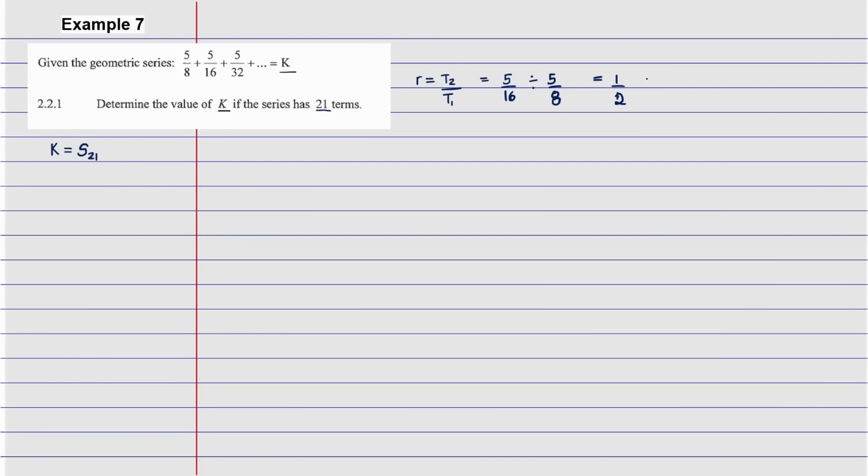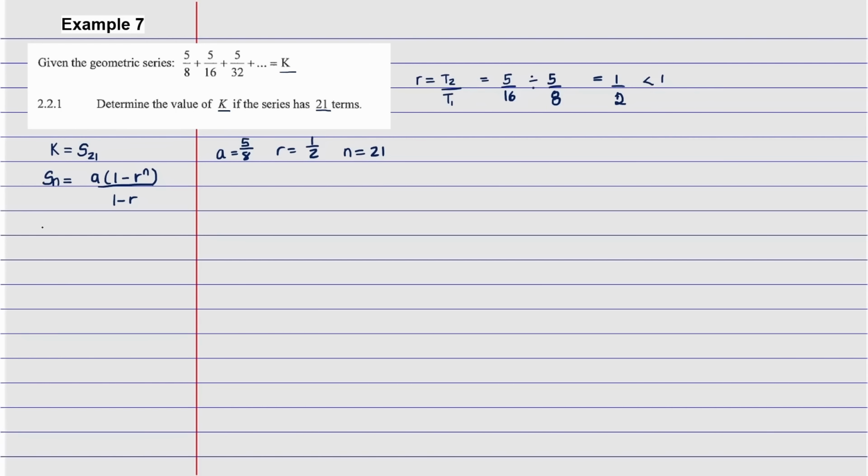If it's equal to a half, that is less than 1, meaning the formula we're going to use is a open bracket 1 minus r to the power n, divided by 1 minus r. Here a is equal to the first term, which is 5 over 8, r is equal to a half, we just found it, and n is equal to 21 terms.